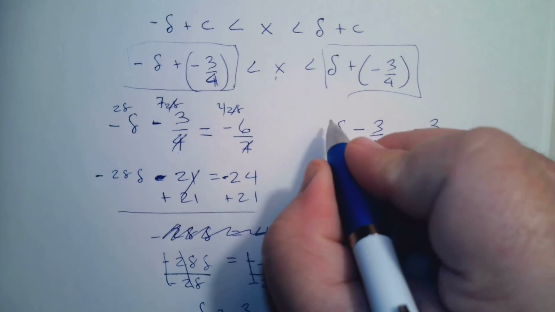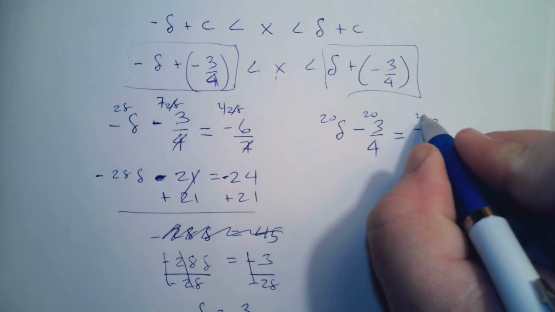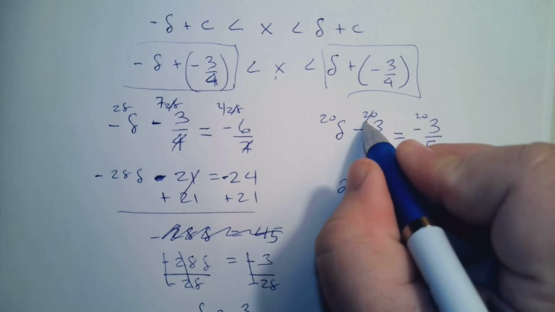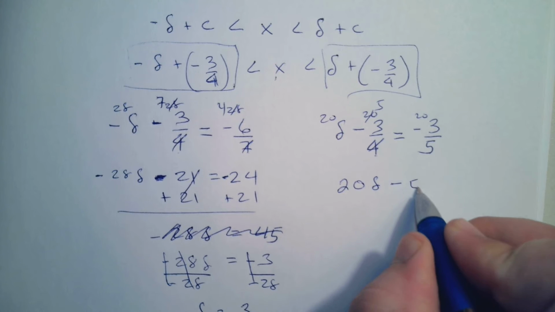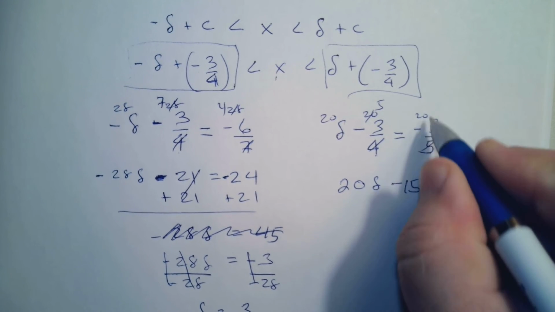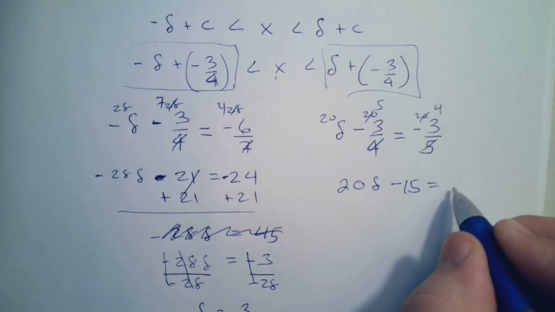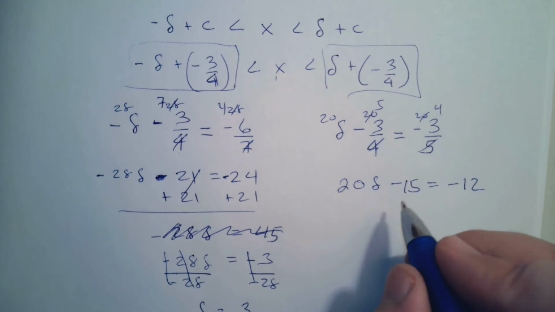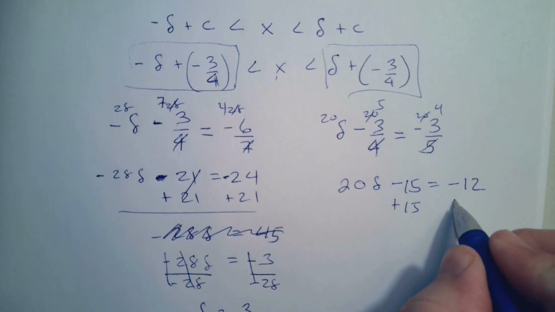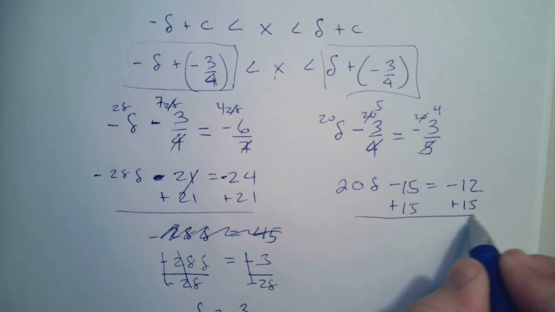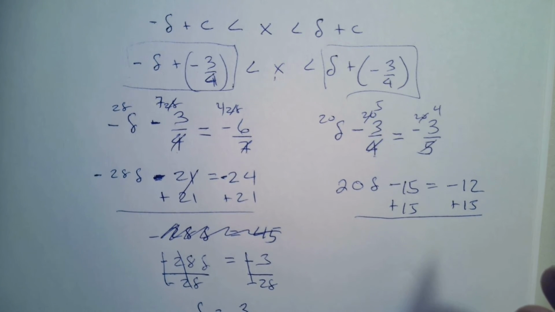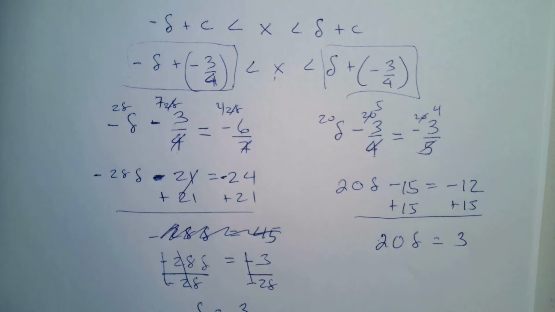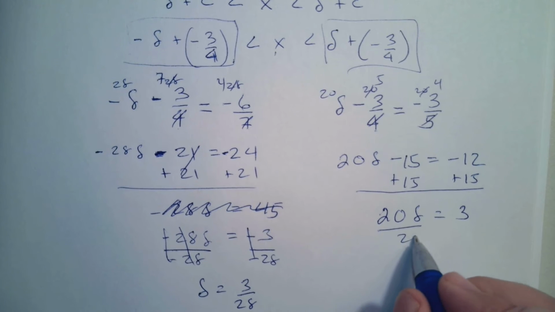The common denominator is 20. Multiply everybody by 20, by 4, so it's negative 12. Add 15. Gamma equals 3 divided by 20.